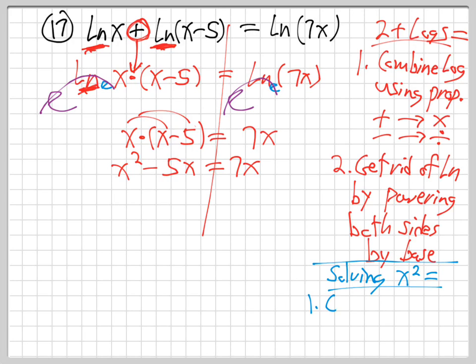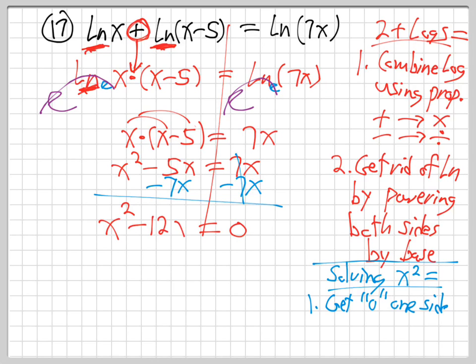Step one is to get a 0 on one side. So let's subtract 7x from both sides. That'll produce a 0 over here, and this will be x squared minus 12x, won't it? Right, we just combine those, get a 0.